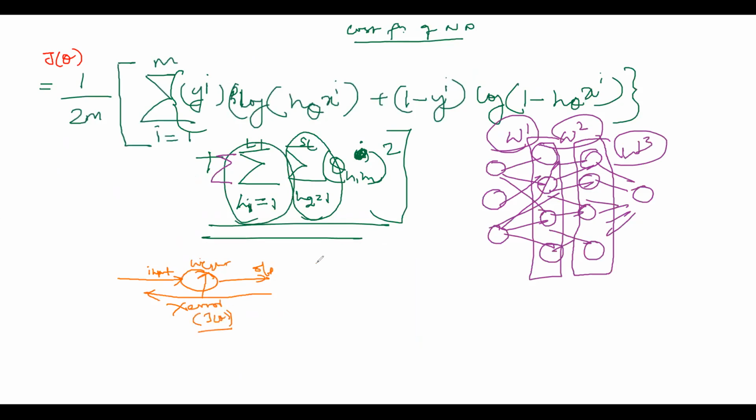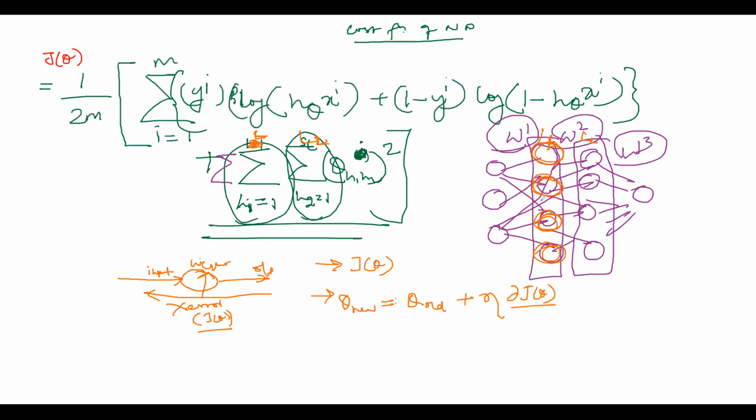Once I have done my J theta calculation, the next step is gradient descent: theta new equals theta old plus. Wait, but one note. In those two sigmas, what is that? H1 equals 1 to L minus 1. What is L minus 1 in this case? If I say the number of neurons, let me say the total number is L. Let me say L1, and this one is L2.